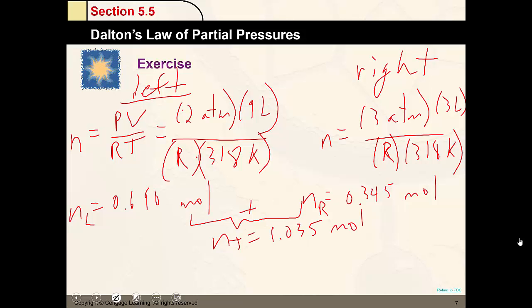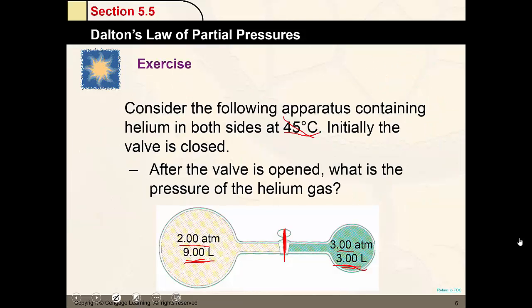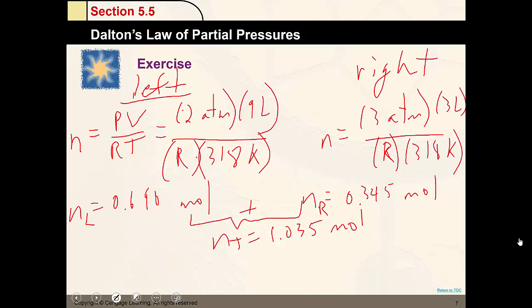So now that we have the total number of moles, we can go back and calculate the final pressure using the ideal gas law. So for the total pressure, it's the total number of moles times R times T over the total volume.